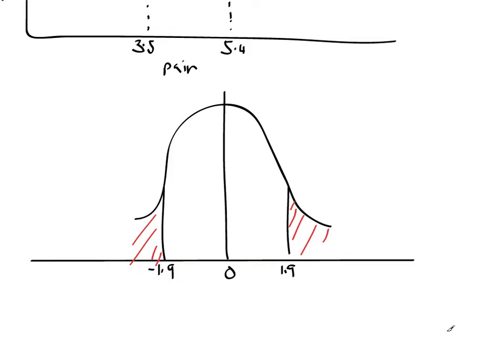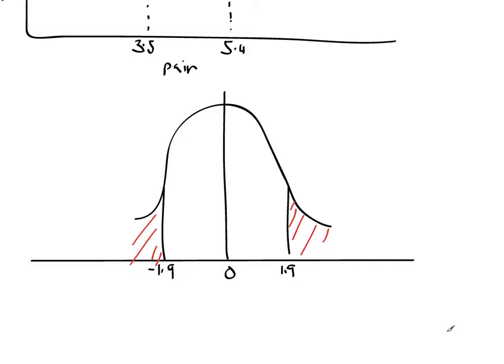This is really our null hypothesis, which is suggesting that there is actually no difference in the population means between our two groups. So although we have a sample mean of 5.4 and a sample mean of 3.5, the actual difference between the population means is 0, and that's represented by this graph.